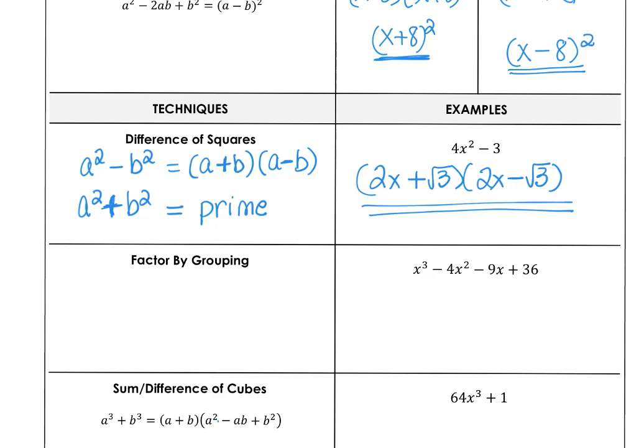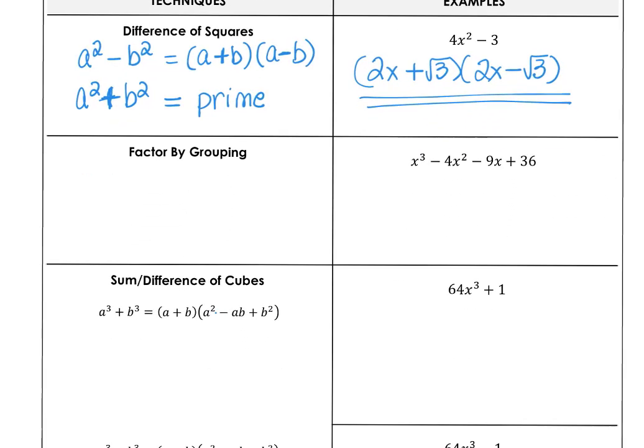Now factoring by grouping, we're going to do just like we did in the earlier example, and we're going to think about the first two terms and then the second two terms. So taking out the greatest common factor between x cubed and 4x squared would be an x squared, and that would leave an x minus 4. Now to make this method work, we need to have an x minus 4 in the second two terms.